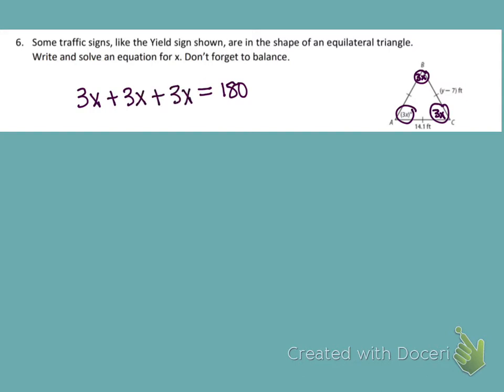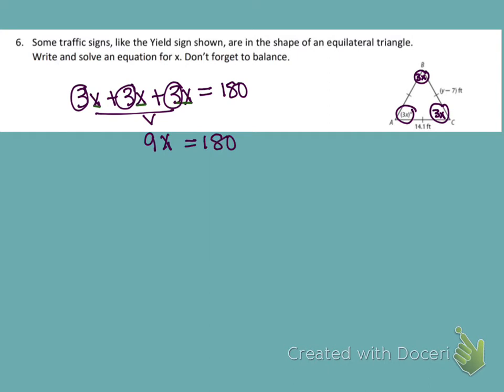And all of these add up to 180 degrees. So because all of these are like terms, they all have an x with them, I get to add them together. So 3 plus 3 is 6, plus 3 is 9. So all of these together is 9x equal to 180.